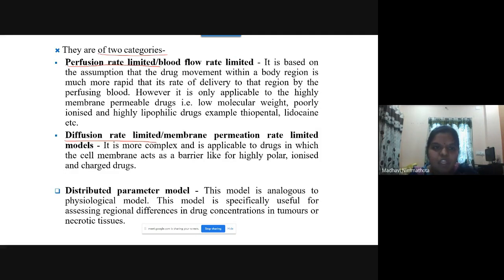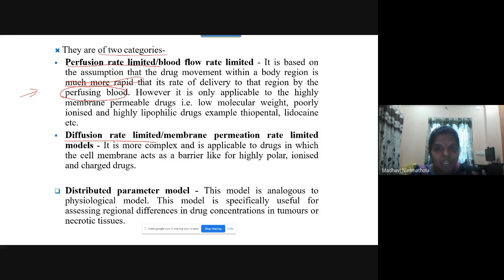It is based on the assumption that the drug movement within a body region is more rapid than its rate of delivery to the particular region by the perfusing blood. So, if your organ has enough perfusion, then it should be assumed as having a rapid rate of delivery of the drug.